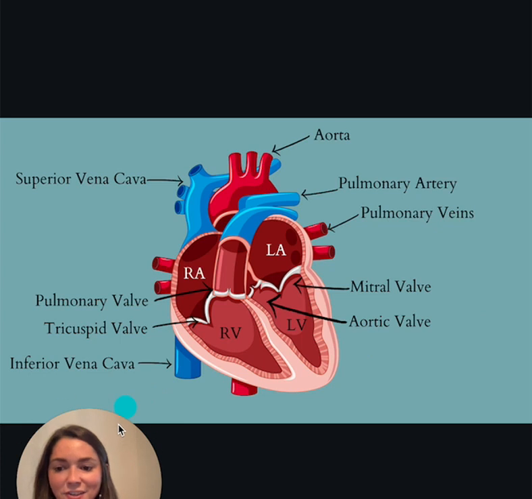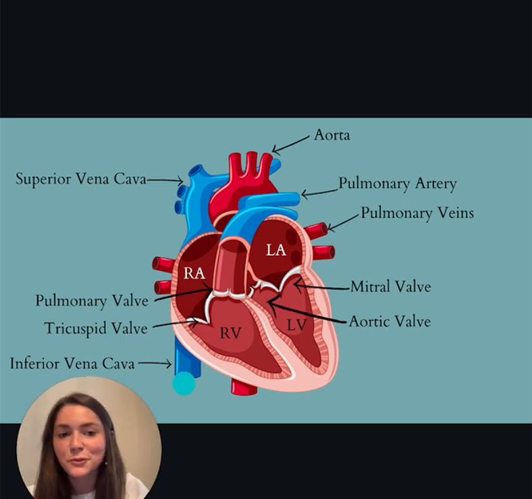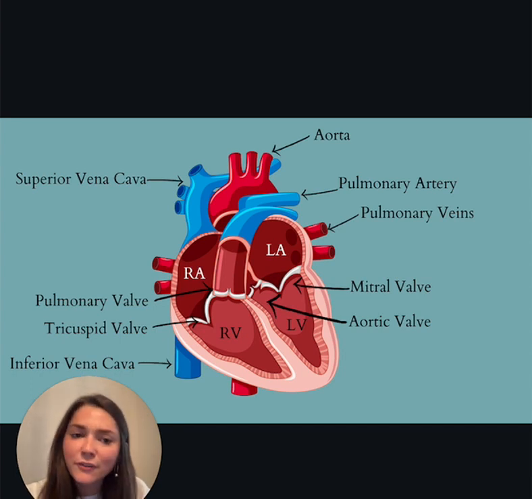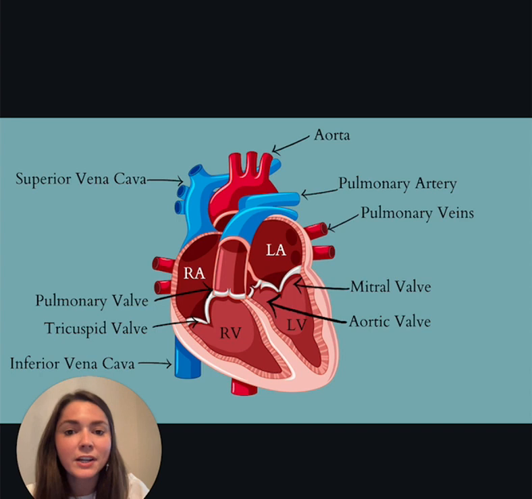Next, we need to take a look at how the blood flows through the heart. So I want you to think about the left and the right side of the heart as being two different sides that work together. So do you remember which side of the heart the deoxygenated blood enters? It's the right. So on the right side, deoxygenated blood enters the right atrium from all over the body through the superior and inferior vena cava.